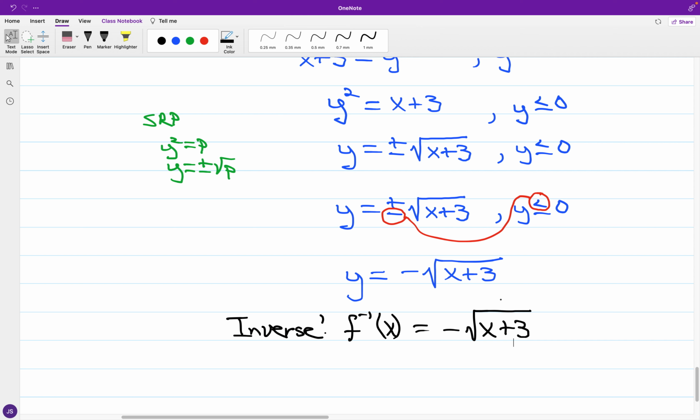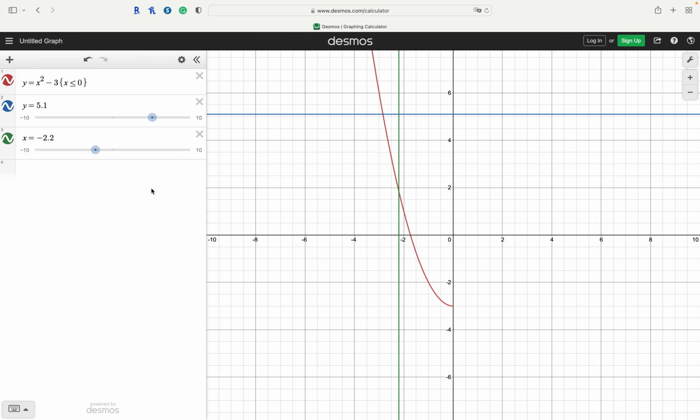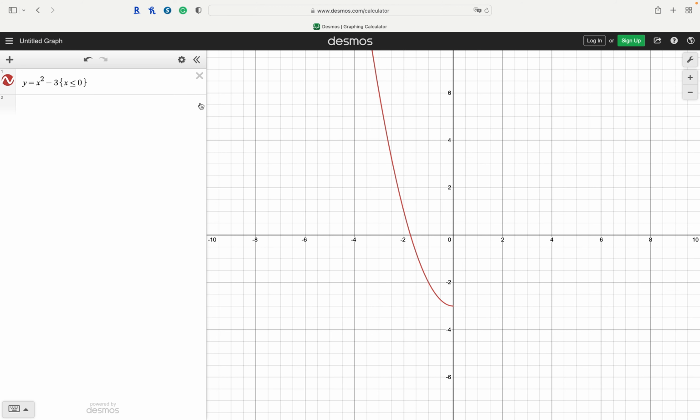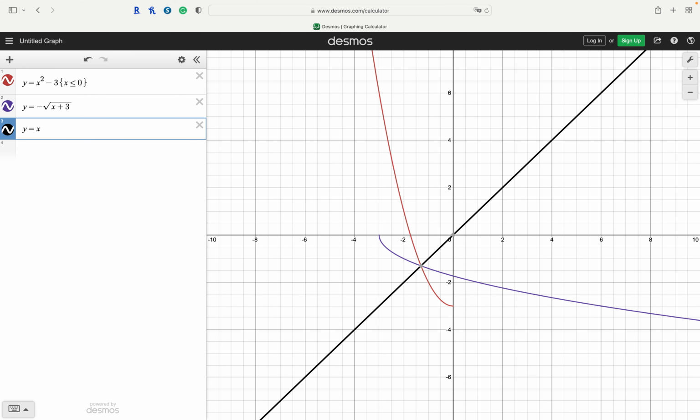Okay, so just looking at what we have now: again, you have y is equal to x squared minus 3 whereupon x is less than or equal to 0. And the inverse of this, we have y is equal to the negative of the square root of x plus 3. And again, the graphs will have symmetry with respect to the line y is equal to x.